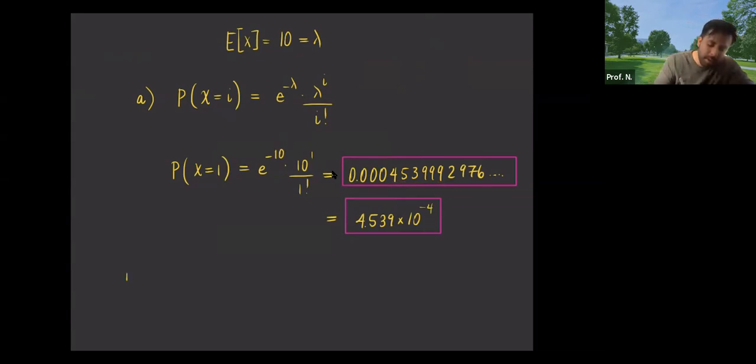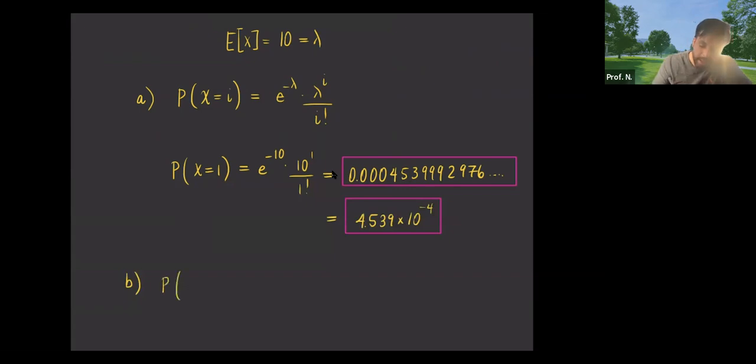Okay, and then part B says compute the probability that in the next 4 hours, more than 27 cars will arrive. So I want more than 27 cars to arrive. So what do we do here?